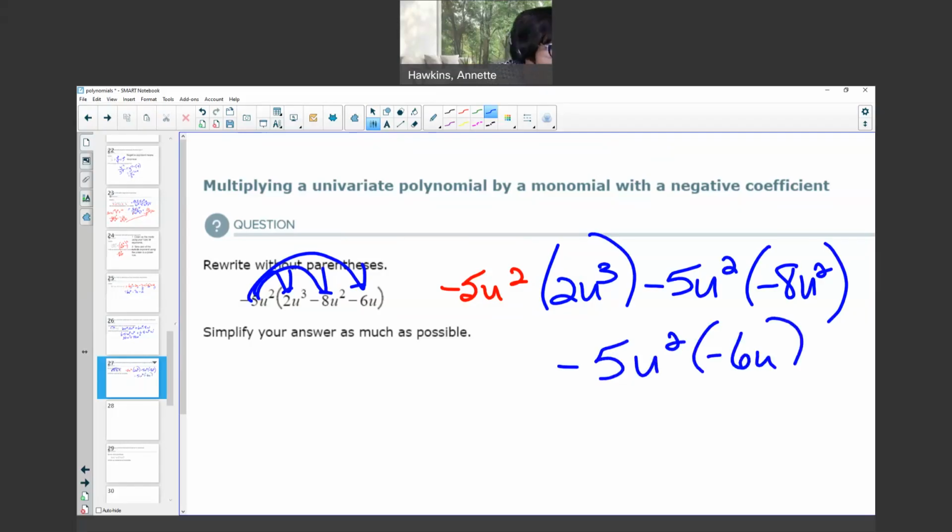Let's take a look at this. Notice that this negative 5u squared is multiplied times everything in here. Now, what's everything in here? 2u cubed. This is a negative 8u squared, so it's multiplied times that. This is a negative 6u. So negative 5u squared is multiplied times everything.